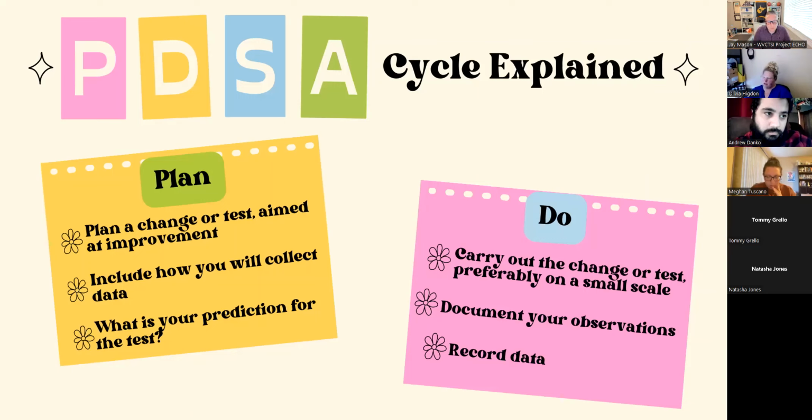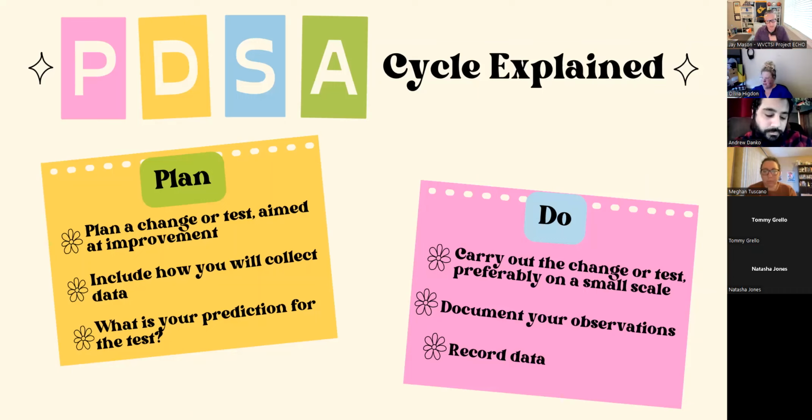And then you want to move into do. I think that's self-explanatory. I was trying to think of a way to explain that, but I don't have it. You carry it out. You can start with a small scale, document everything, record all your data.